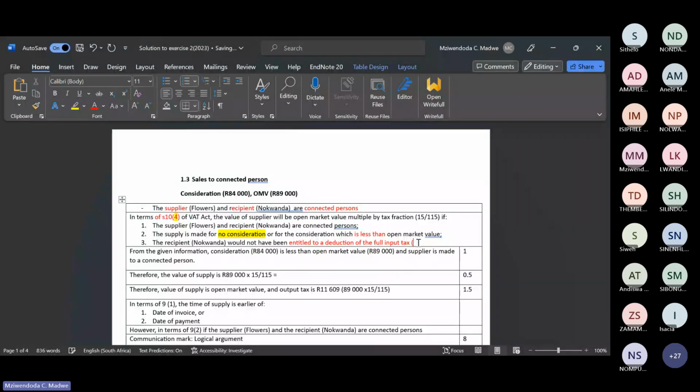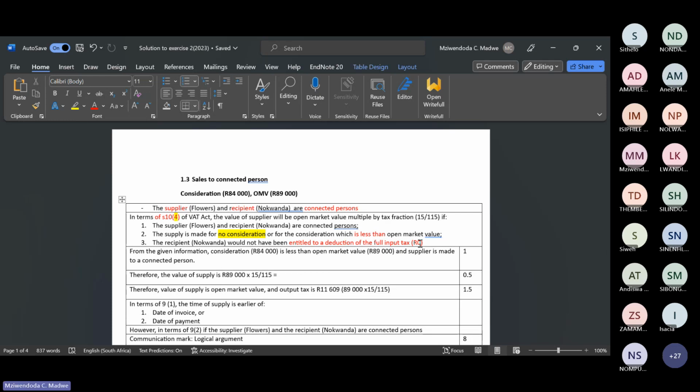So Nogwanda will claim 0 rand of input tax because he's not registered as a VAT vendor. He will not be able to claim VAT input on the purchase of this item.